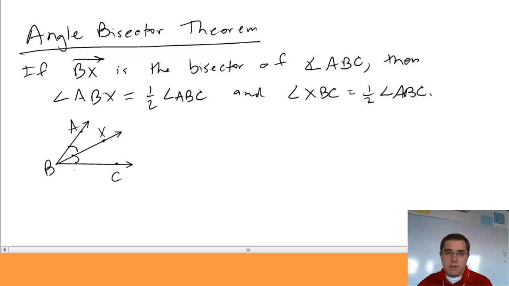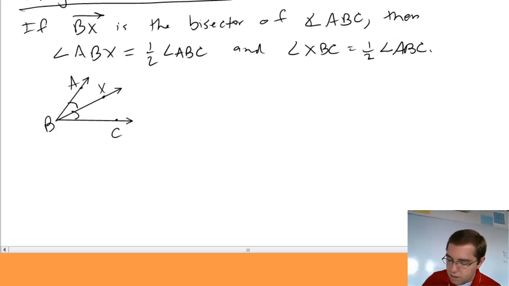Angle XBC equals 1/2 of ABC. So it's saying an angle bisector cuts the angle into 2 halves, 2 smaller angles that are half of the whole angle. It's exactly the midpoint theorem, but with angles now. So instead of a midpoint, we have an angle bisector. And again, we'll look at a proof of that in the book in class.